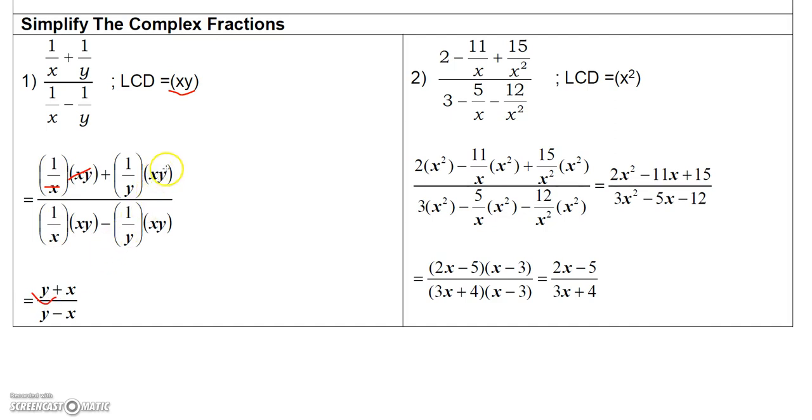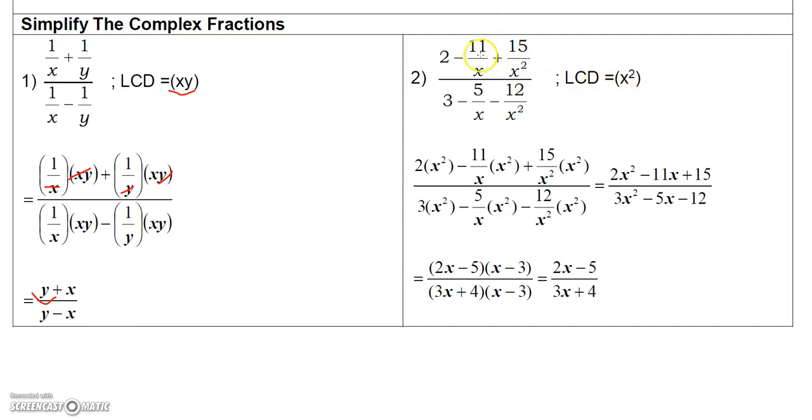And then multiply xy by 1 over y, and the y's will cancel, that'll give me x. And then in the denominator, the same thing's going to happen. 1 over x times xy is just going to give me y, and 1 over y times xy is just going to give me x. But I have a minus, so that's going to be y plus x over y minus x. So y plus x in the numerator, y minus x in the denominator.